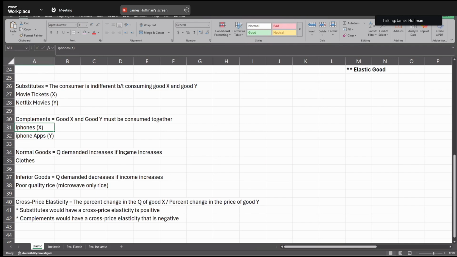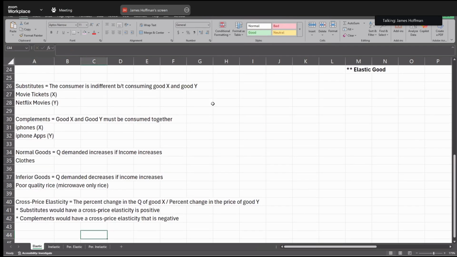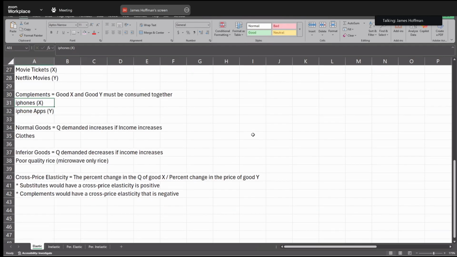I think I got that right. So we haven't classified anything in terms of elasticity yet, but just knowing the sign of it would tell you: this goes up, this goes up, they're substitutes. This goes up, this goes down, then they're complements. Right? Makes sense?